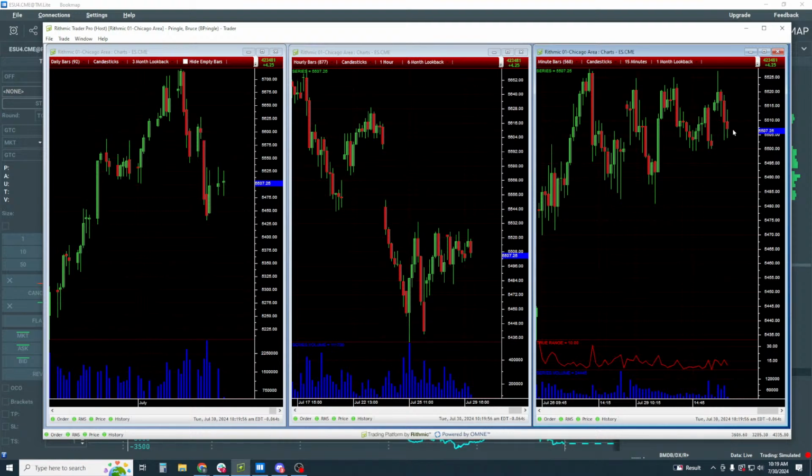I would still give the nod to the sell side here, just by looking at the order flow, or at least I'm trying to understand the order structure. The reason being is we came up here, we rejected. You see the buyers come in, they rejected. You see the sellers come in. So here's one candle down.